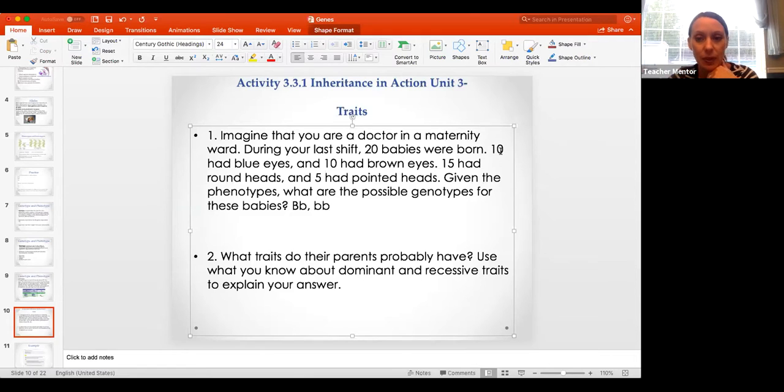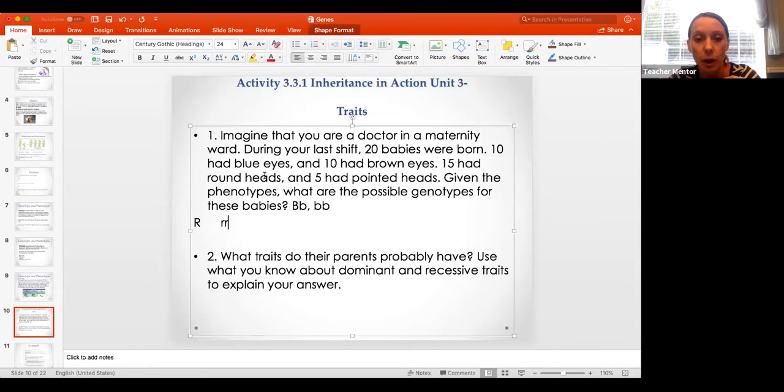Yep, round. So we look at the population, we see more of them are round, so that's going to tell us round is going to have that capital. And we know that those 5 pointed ones are going to be that lowercase, because they are recessive.